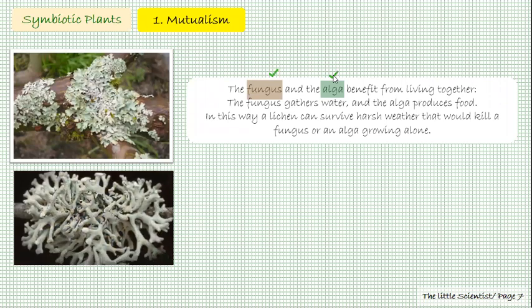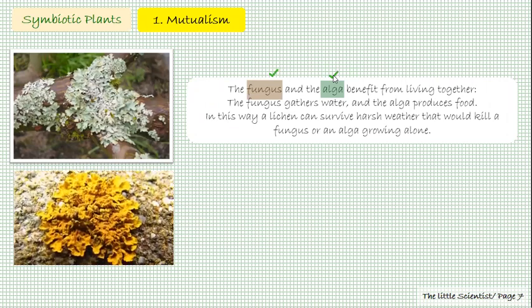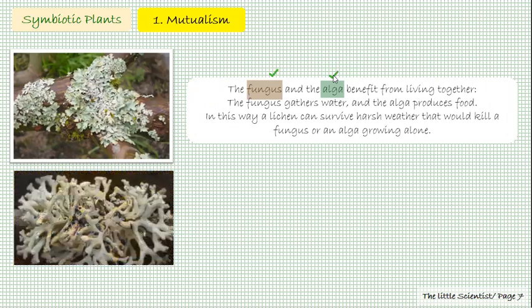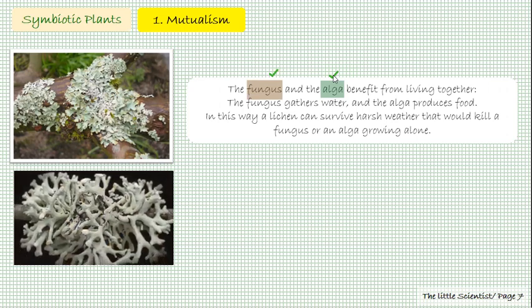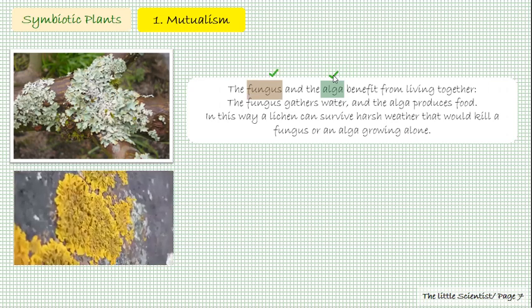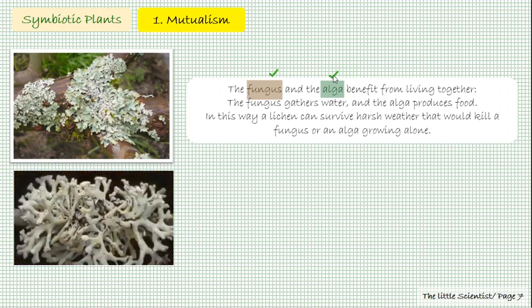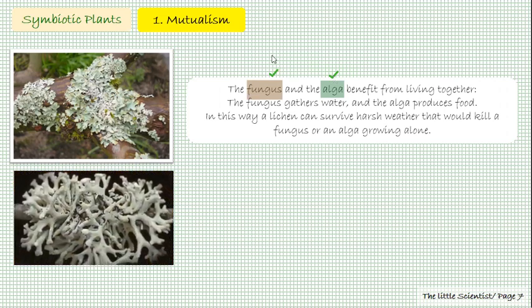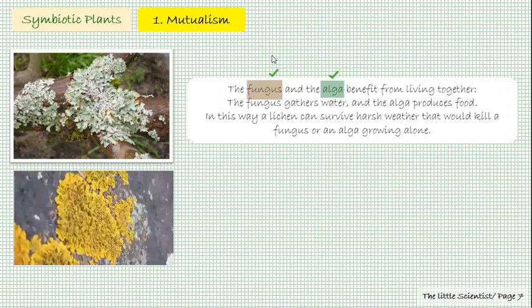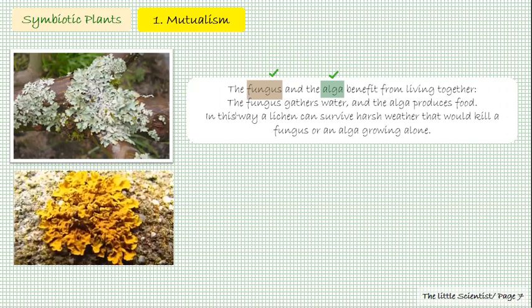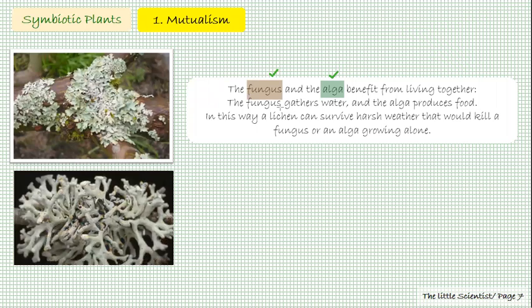What does the mushroom or the fungus do? The fungus brings water and gives that to the alga, to the green plant. Now the green plant has everything. It cooks, it produces its food and gives some in return to the mushroom. This partnership, this new organism is called a lichen.